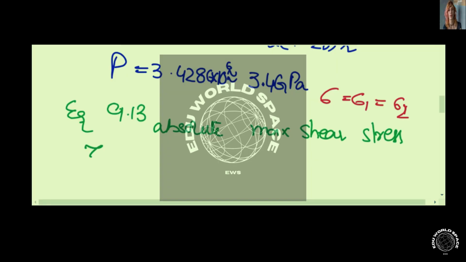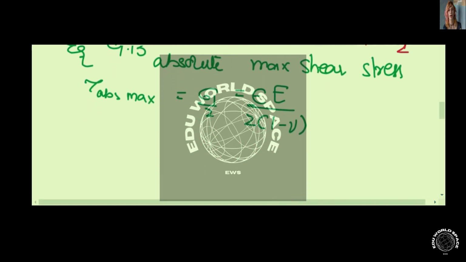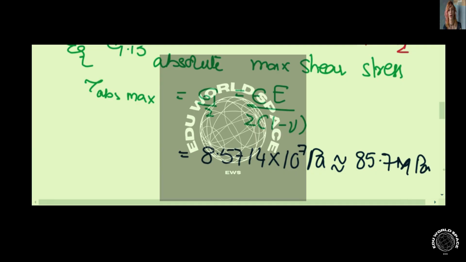The absolute maximum is equal to sigma sub 1 divided by 2, that is strain times E divided by 2 times 1 minus epsilon. Again, just plug in the values and we'll get 8.5714 times 10 raised to power 7 pascals, which is approximately 85.7 megapascals. So this concludes our complete solution.